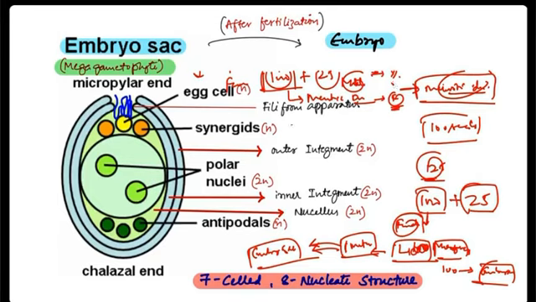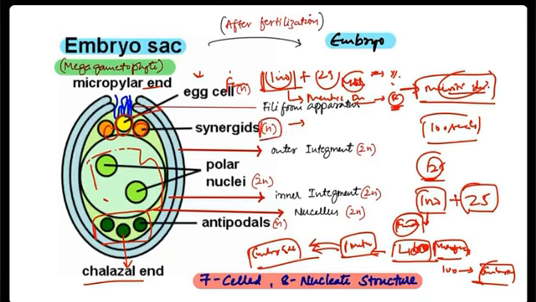So this is about the embryo sac that is formed. This is the micropylar end and the chalazal end. Near the chalazal end, remember there will be antipodal cells, and near the micropylar end, you will see the egg cell and 2 synergids. In the middle portion, you will see the polar nuclei. I have also mentioned the ploidy level, just go through it.